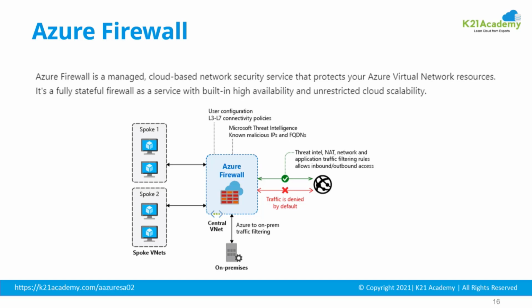It has policies to protect both layer 3 and layer 7 of the OSI model. Also, it uses threat intelligence from different sources, so if any request is coming from a malicious IP, it will automatically detect those malicious IPs and protect connections as well. So that's what Azure Firewall is.